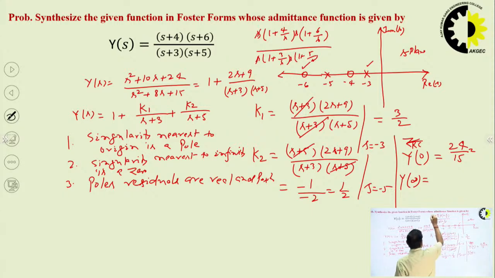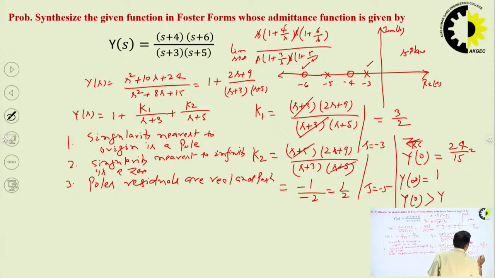So this s cancels out and limit, now put limit s tends to infinity. So this is 0, 0, 0. So Y infinity is 1. So we can see here Y(0) is greater than Y infinity.